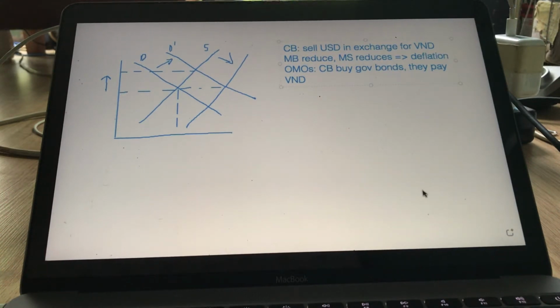So we have the questions for the exchange rate and exchange rate regimes, and we have the questions for the determinants of the exchange rate.